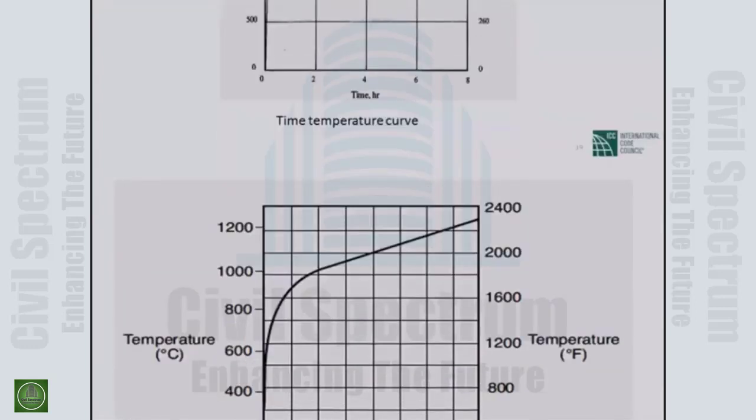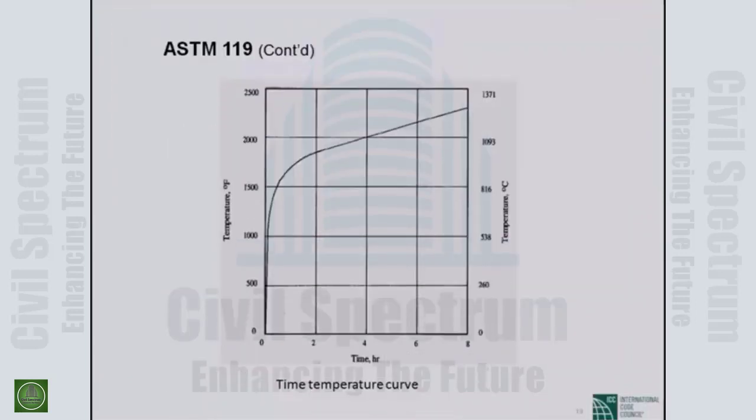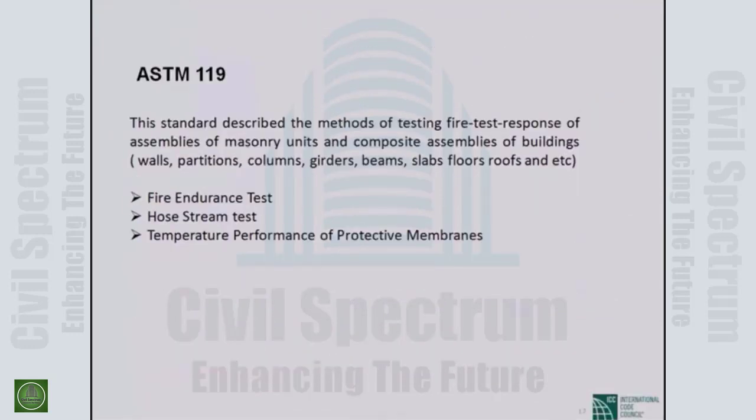A similar curve is also given by NFPA 252, which is almost the same type of time-temperature curve. So when we test all these elements, we consider the temperature, and as you understood before, it's a load again, because you have seen there is an endurance test and another is the hose stream test.